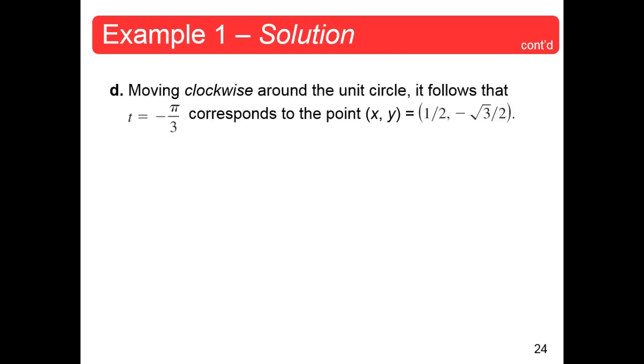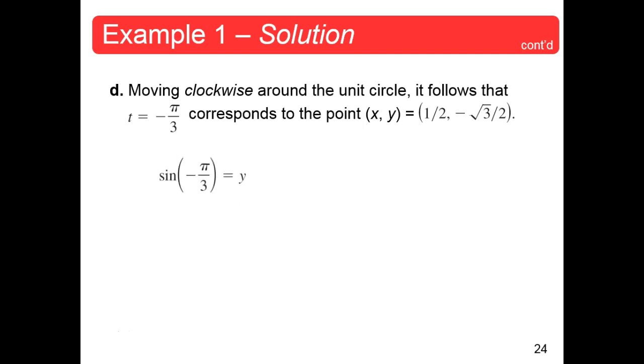Here's D. Moving clockwise around the unit circle, it follows that t equal to minus pi thirds corresponds to the xy point of x equal 1/2, y equal to negative root 3 over 2, which is what we said, right? Yes. Okay? And once we know that, we can write down our 6 trig functions.